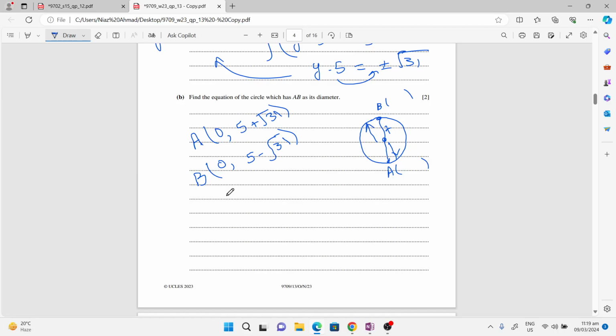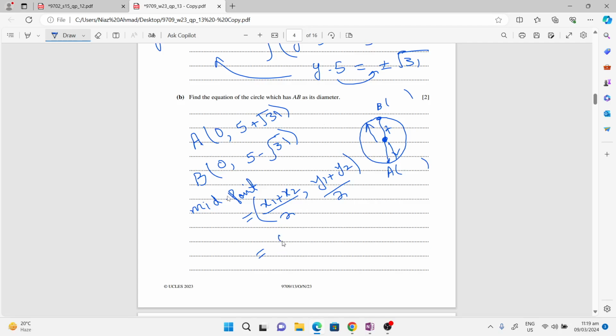Now I am going to get the midpoint. The midpoint of the diameter is actually the center of the circle. The midpoint formula is (x1 plus x2) over 2 comma (y1 plus y2) over 2. So put your values, grab your calculator.